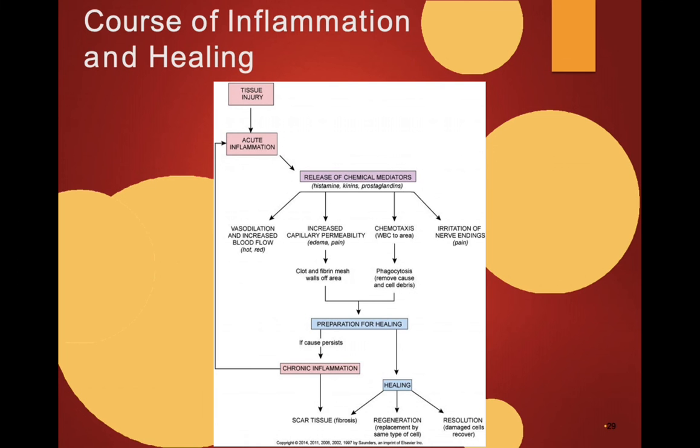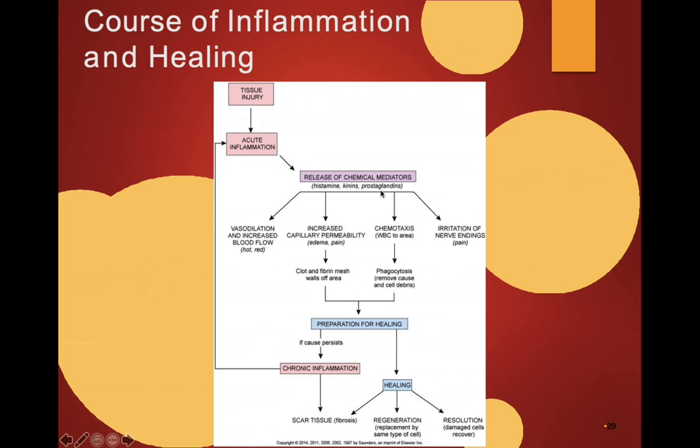But when you do take a prostaglandin inhibitor, it kind of blocks them all. As a result of the histamine, you get the vasodilation off to the left, increased blood flow, so it's hot and red. With the histamine, you get the increased capillary permeability. And with the kinins, the bradykinins, you can get pain. So you get edema, swelling, and pain.